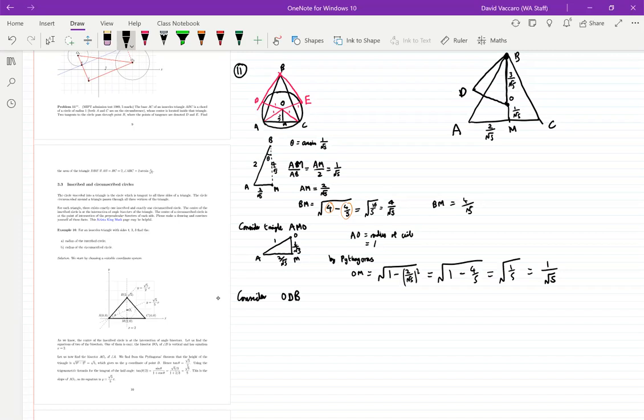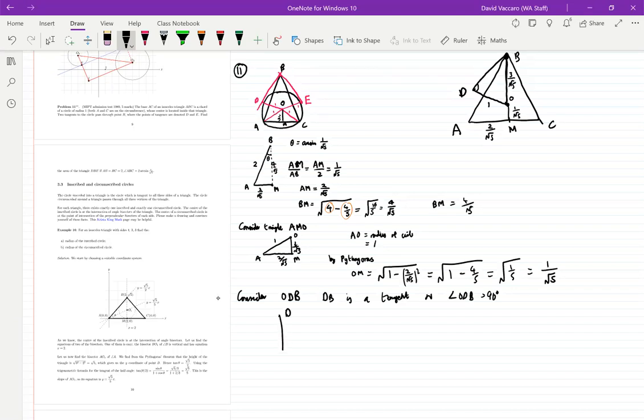So firstly, ODB is a right angle because DB is a tangent. So angle ODB is 90 degrees. OD is 1. So I can now use Pythagoras.